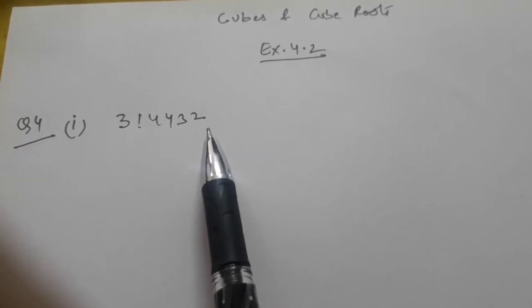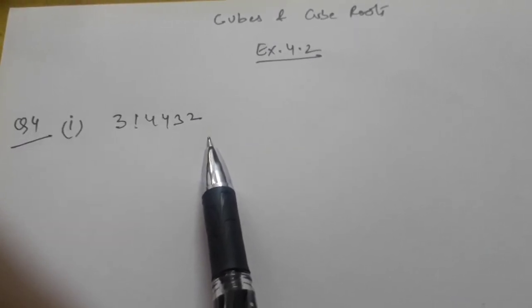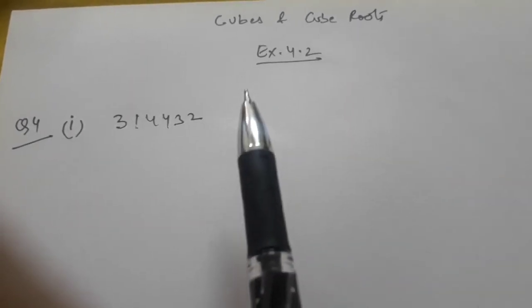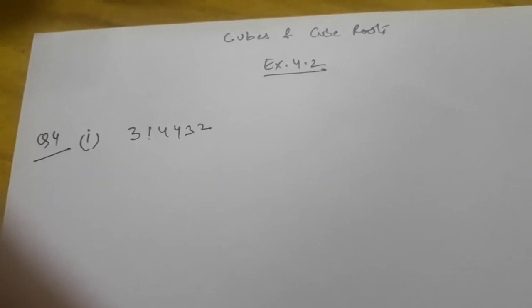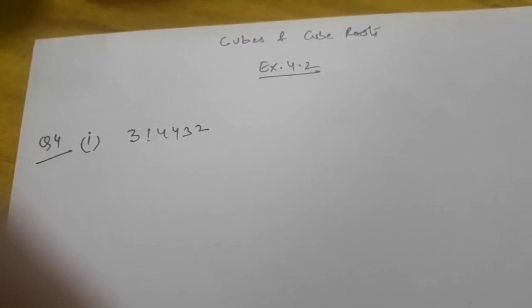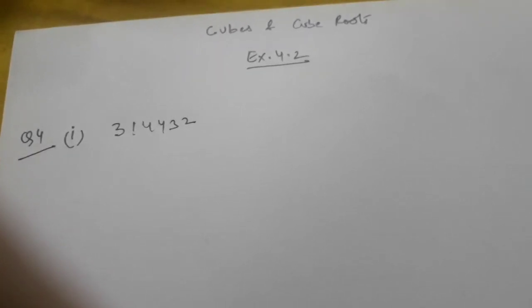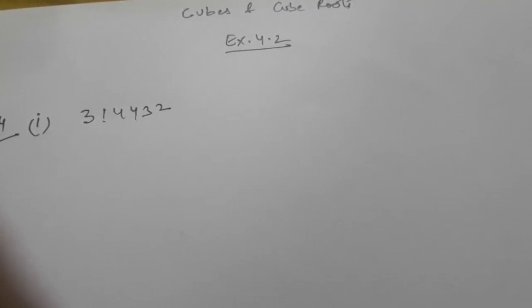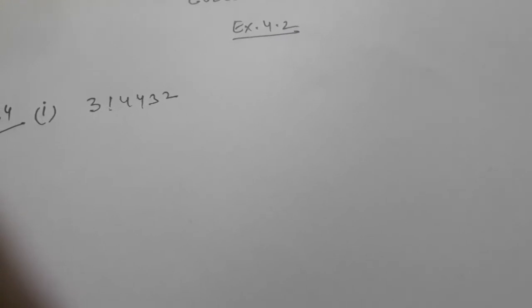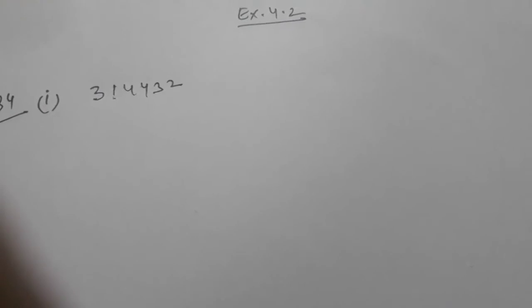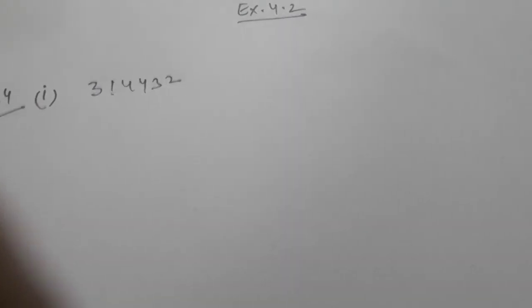As we all know, the cubes of the numbers from 0 to 9 are very well known. The cube of 1 is 1, the cube of 2 is 8, the cube of 3 is 3 3s are 9, 9 3s are 27, and the cube of 4 is 4 4s are 16, 16 4s are 64, and so on.